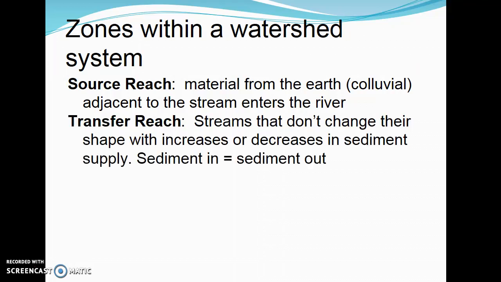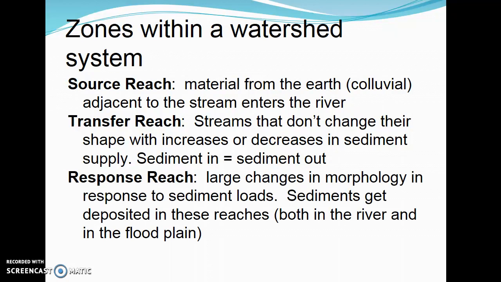Okay, your transfer reach are the stretches of the streams that don't change their shape with increase or decrease in sediment, because the amount of sediment entering into the system is the same amount that is leaving that system or that reach of water. And then you have a response reach. This has large changes in the morphology or the shape of the river because of the sediment loads.